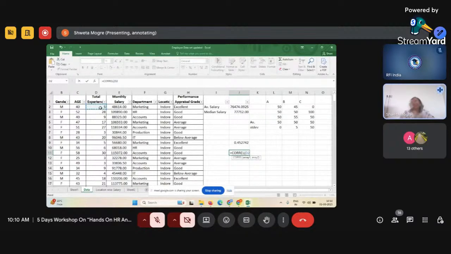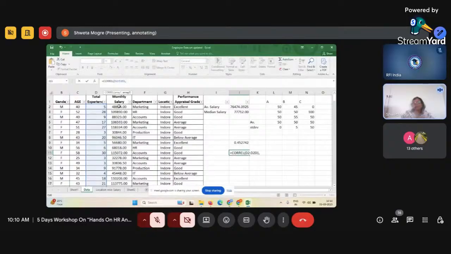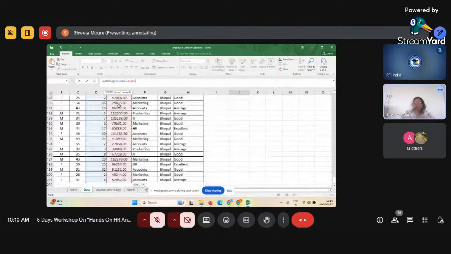Experience is affecting salary, so I take experience first: first cell of experience, Control Shift down arrow key, then comma. Now I select the second variable, monthly salary, Control Shift down arrow key, close bracket, and press enter.